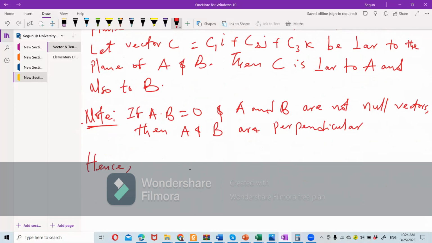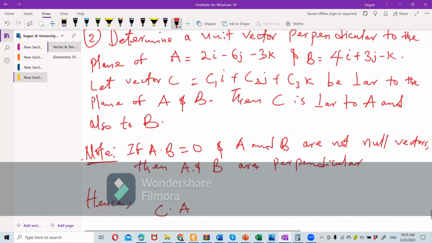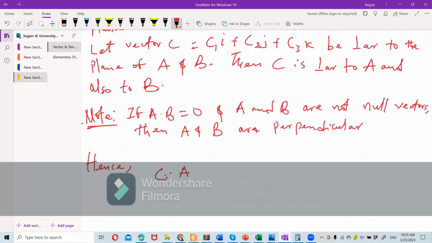Hence, we have our C dot A. Don't forget, we are using C. We said let C equal this, be perpendicular to A and B. So we are now using the artificial C to do the dot product.